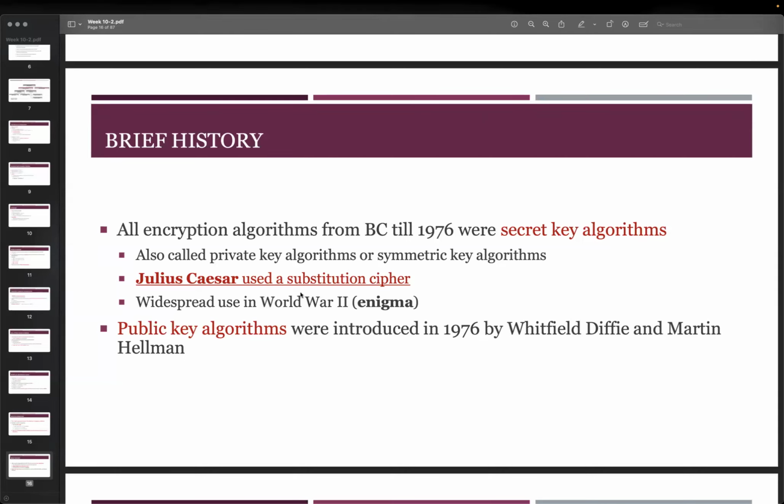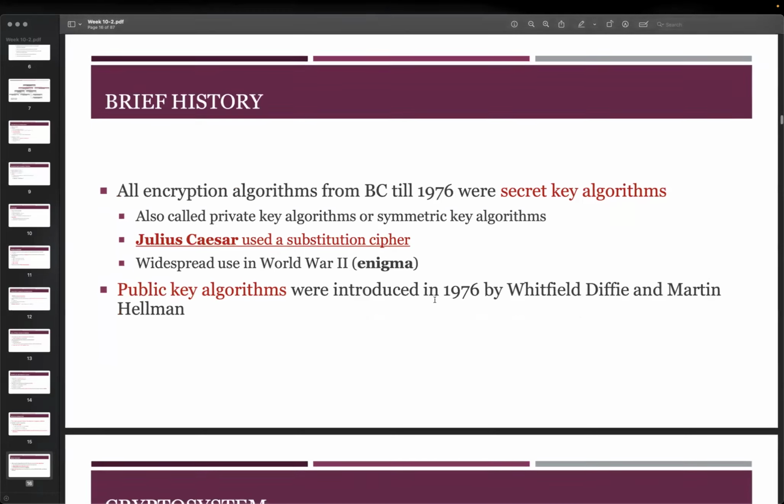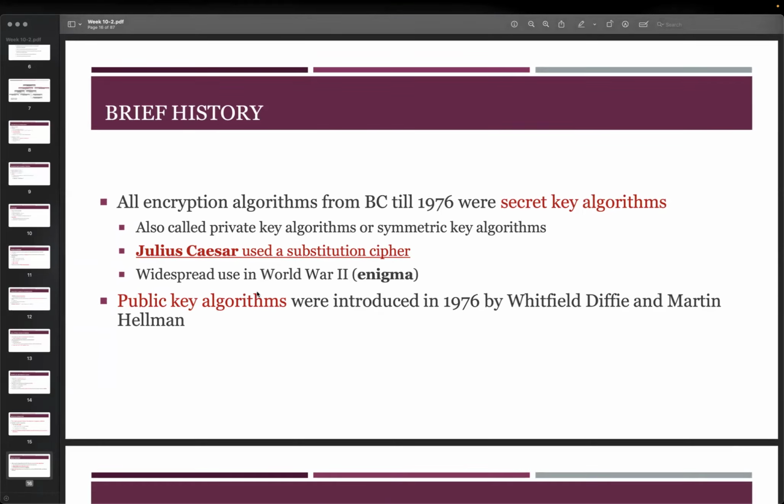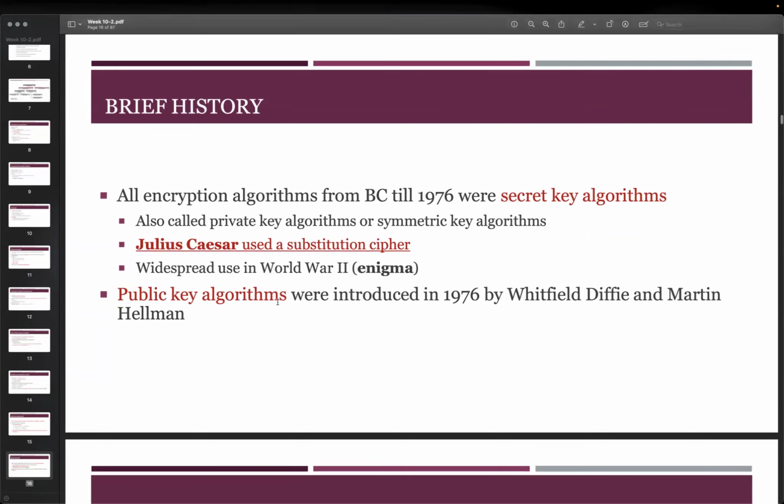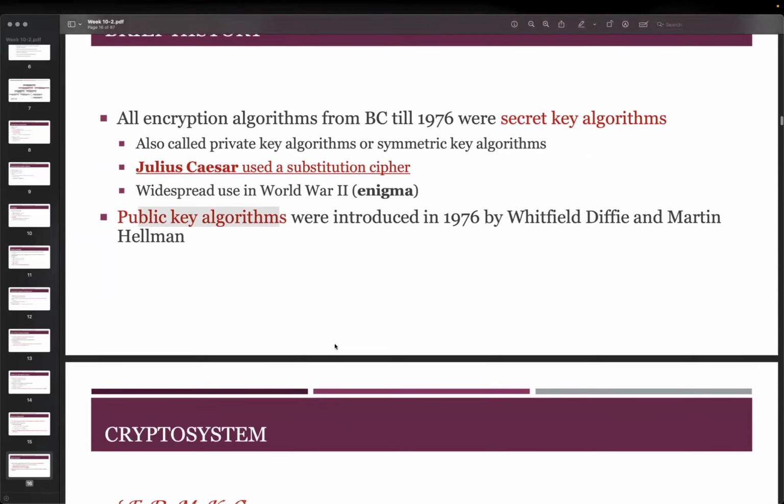Julius Caesar used a substitution cipher, the first one we introduce, called the Caesar cipher. It was widely used up to World War II. Later the public key algorithm was introduced by Whitfield Diffie and Martin Hellman.